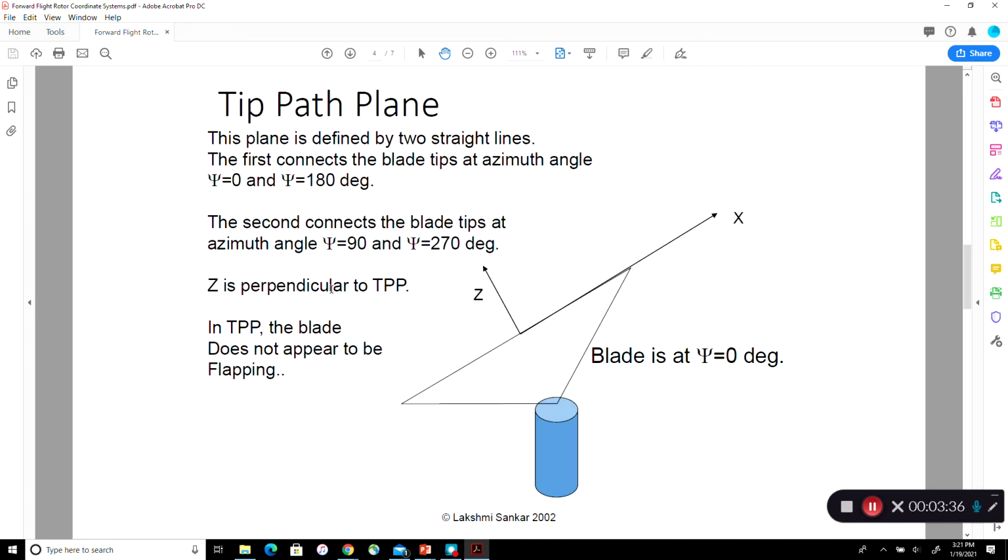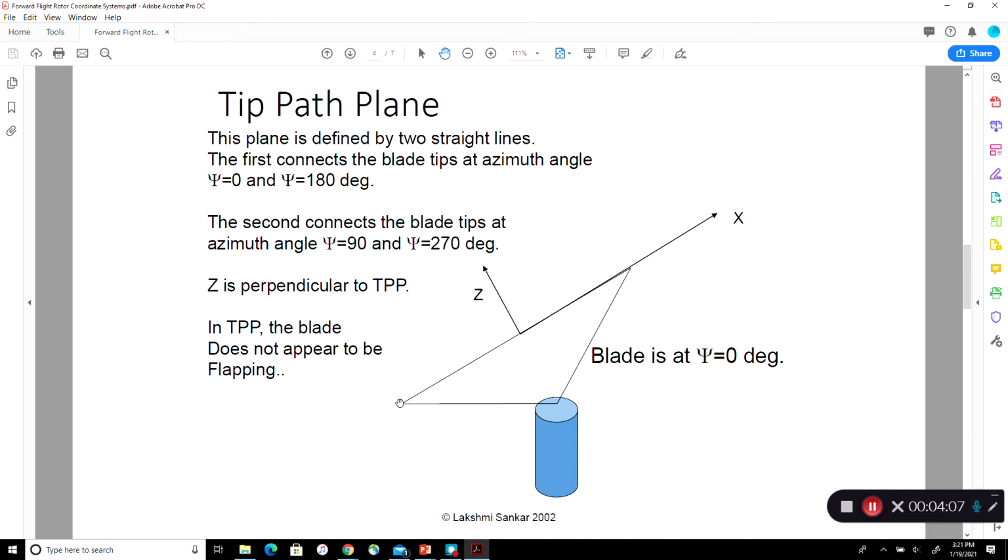Now the second coordinate system is called the tip path plane coordinate system. In this coordinate system, you look at the tip of the helicopter blade. We assume the blade is rigid, and for simplicity, that the blade is connected to the shaft right at the center without a hinge offset. Then you draw a line when the blade is right behind the pilot over the tail boom. Look at the tip.